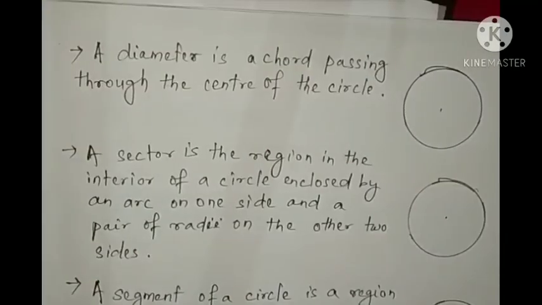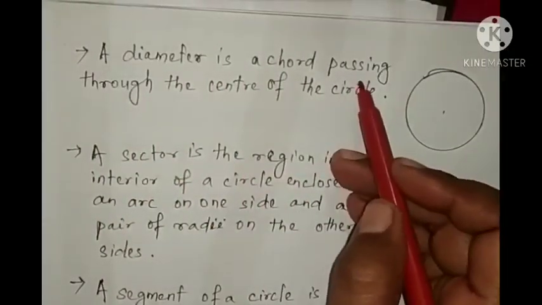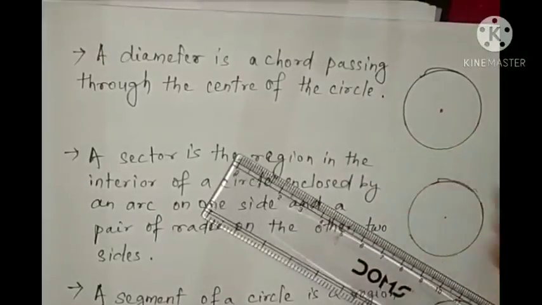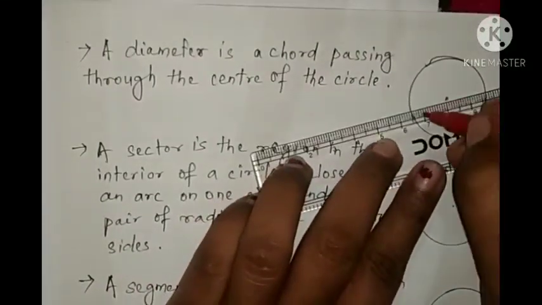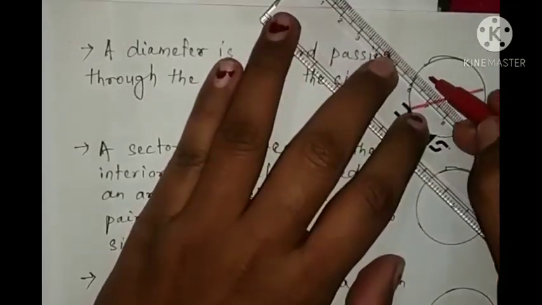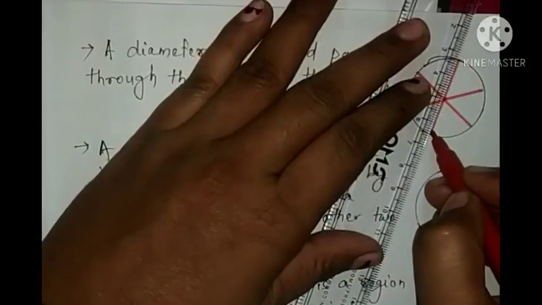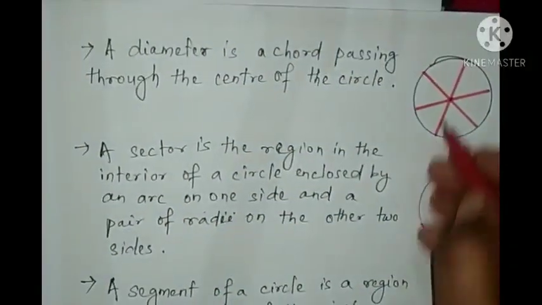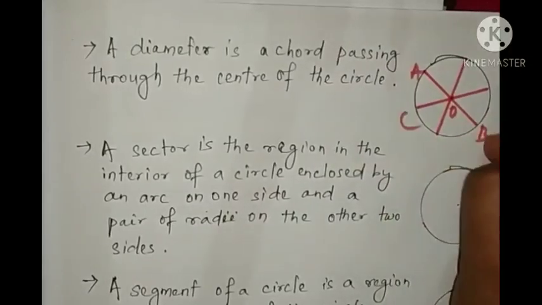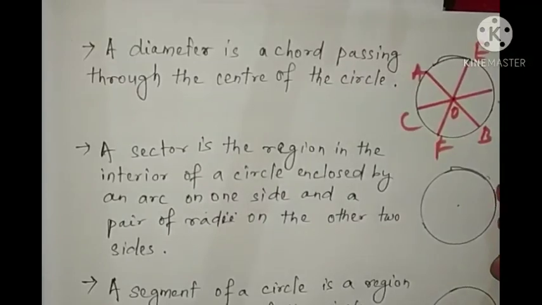Next, a diameter is a chord passing through the center of a circle. So this is the center of the circle. We can make a chord like this, or like that, or like this. So many chords I can make. Center O, A, B, C, D, E, F. Look here.